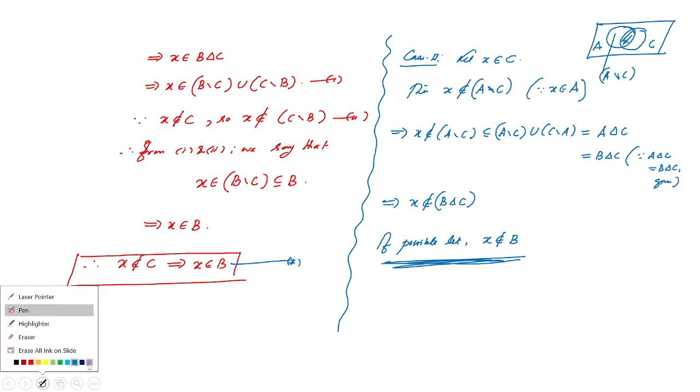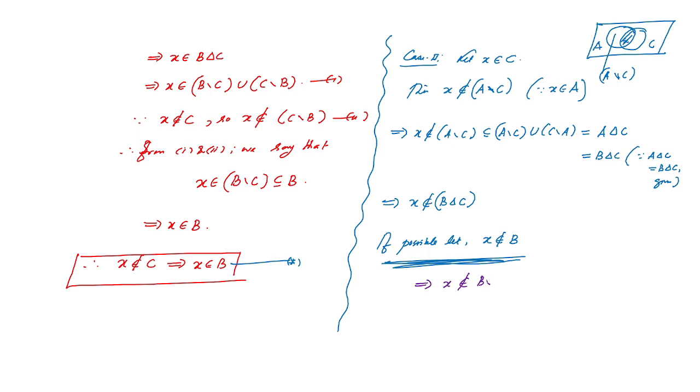It implies X does not belong to B minus C, and X also does not belong to C minus B. It does not belong to B minus C, but X belongs to C minus B. Why? Because X belongs to C, which we considered in case 2.